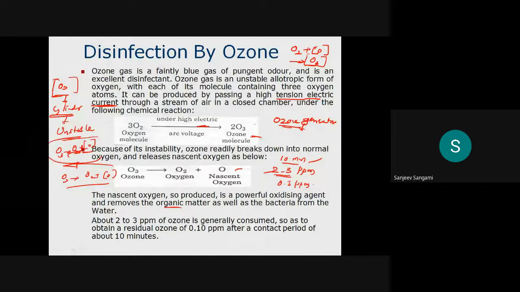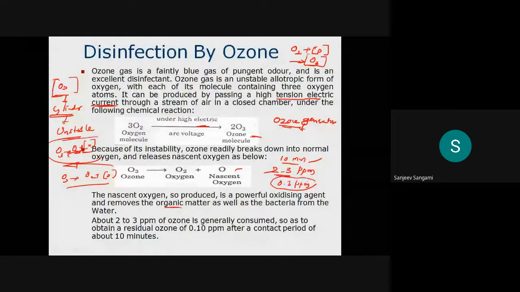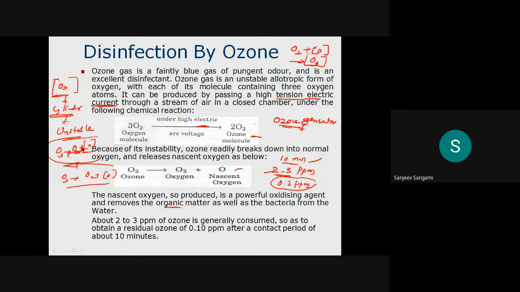Regarding the residual disinfectant, previously I explained the concept: it is required after the treatment process to stop further contamination in the pipelines. Here also, even after ozone, we have to keep some residual ozone of 0.1 ppm to stop further contamination in the pipelines.